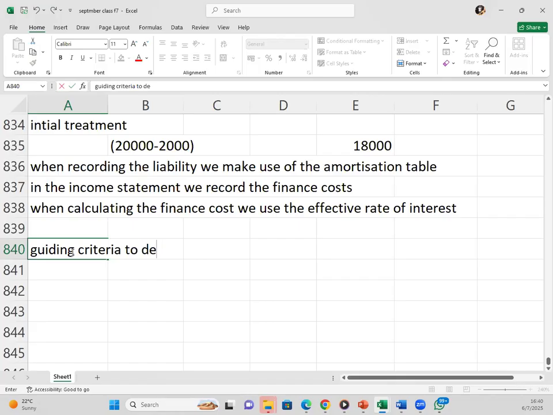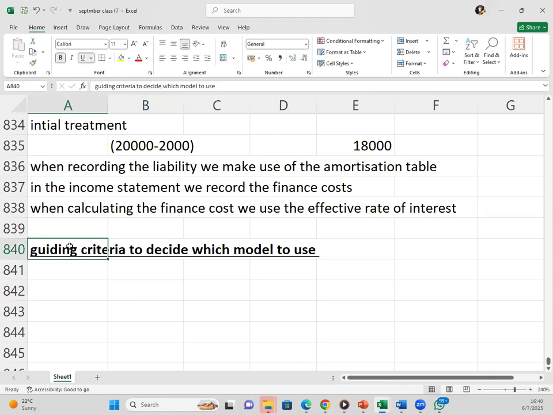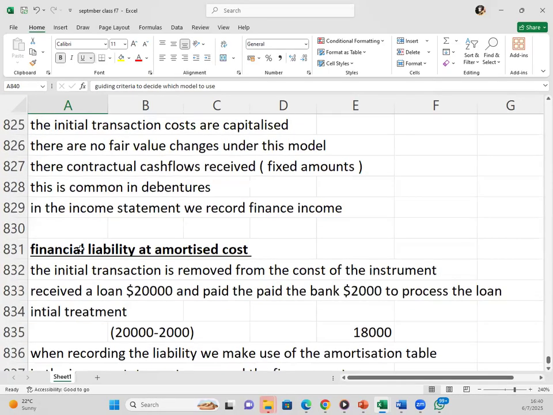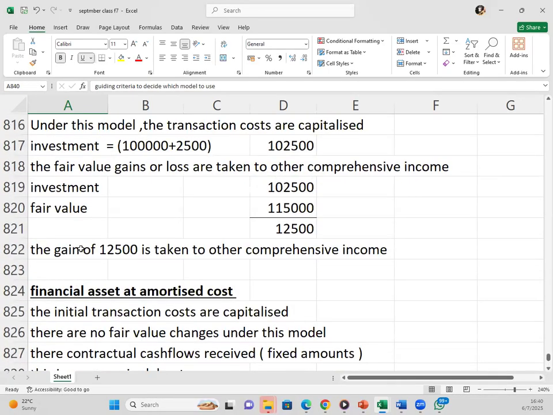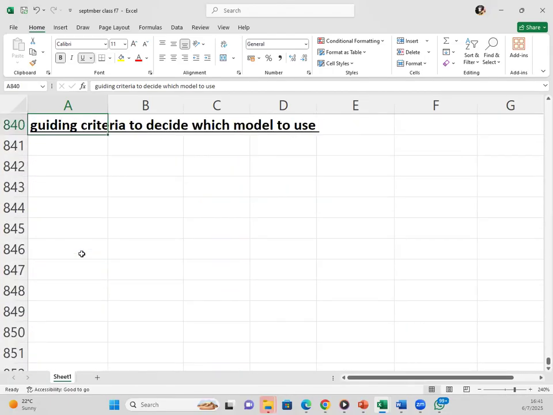To decide which model to use. Let's say the question is silent. If the question mentions that the financial assets are held at fair value through OCI, then that's your answer.